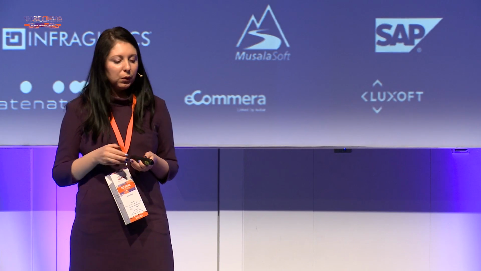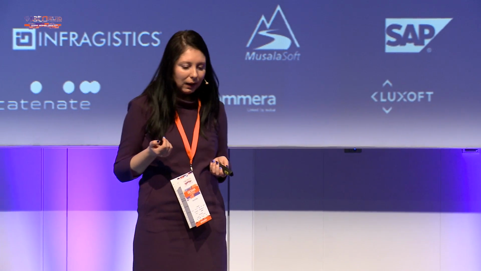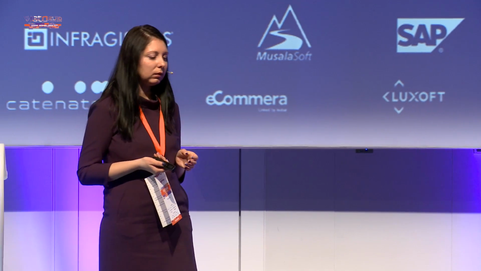The recognition rather than recall. Flexibility and efficiency of use of the system. Aesthetic and minimalist design. Help users recognize, diagnose, and recover from errors. And also, last but not least, help and documentation.